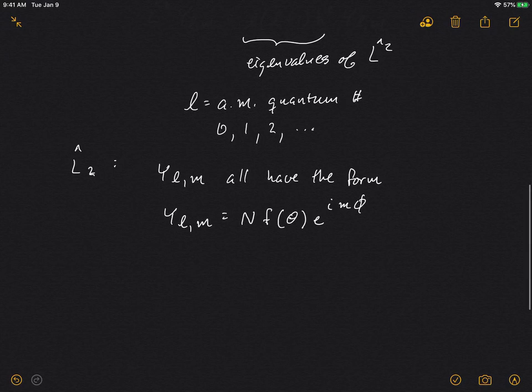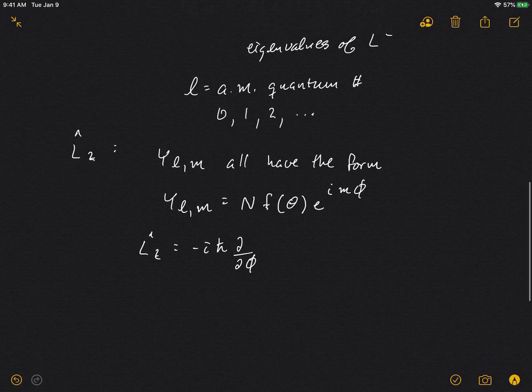And we found above, or we were given the fact, that LZ in spherical polar coordinates, in its differential form, is minus i h bar d/d phi.